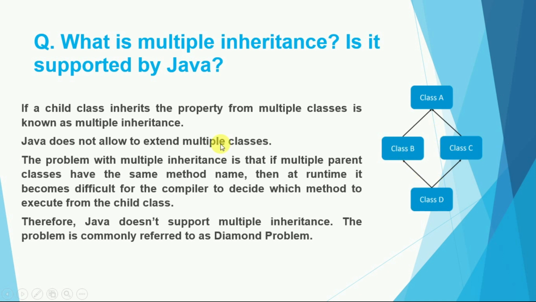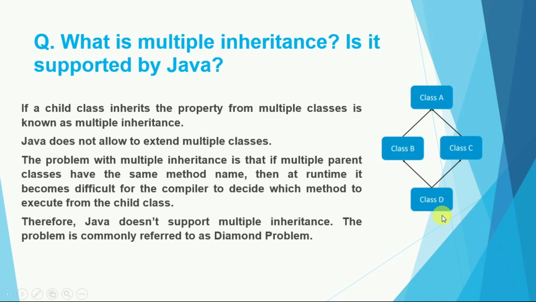But why does Java not allow extending multiple classes? So there is a reason, and we can say there is a problem with multiple inheritance, which is that if multiple parent classes have the same method name, then at runtime it becomes difficult for the compiler to decide which method to execute.